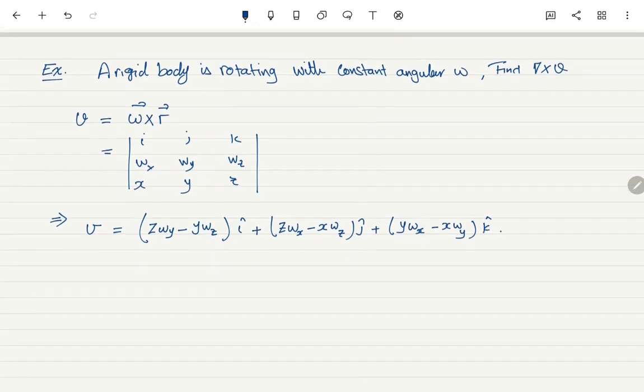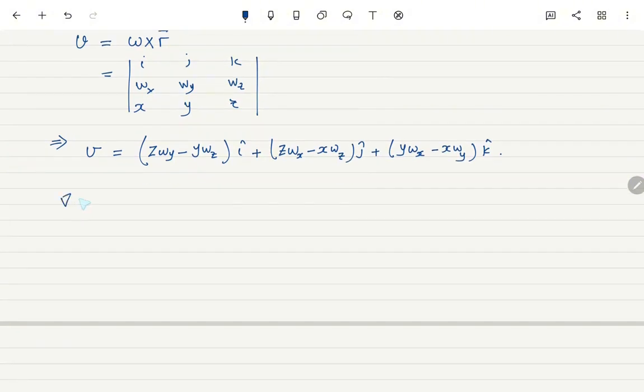Now let's find curl V. Curl V equal to, again we have to open a determinant here, I j k, partial x, partial y, partial z.